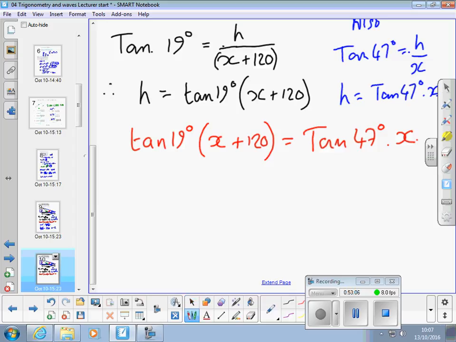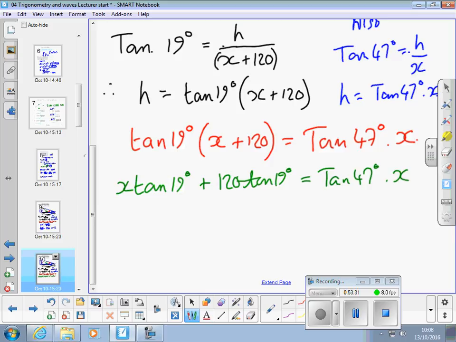So we'd have tan 19 degrees times x plus 120 of tan 19 degrees is equal to tan 47 degrees times x.